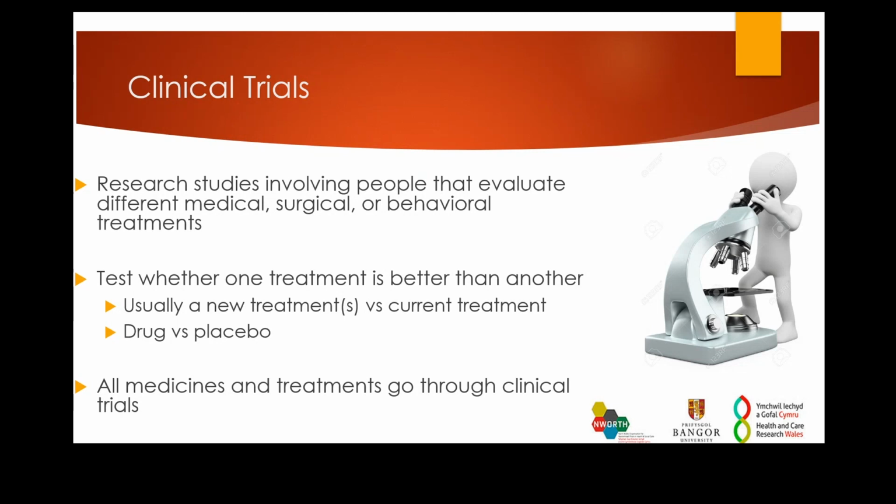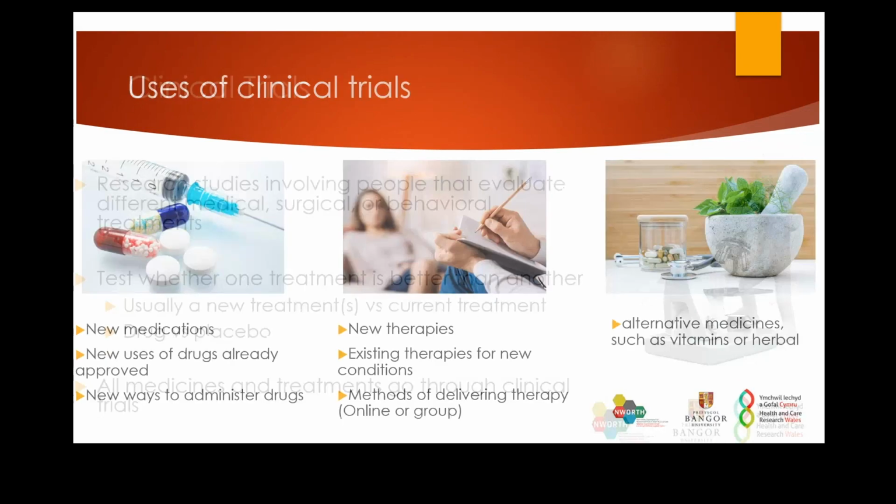This tends to be a new intervention or treatment method against the current method of treatment. Or in drug trials, it could be a new medicine or drug against a placebo. Any medical treatment used in the NHS and anything recommended by NICE guidelines will have gone through a clinical trial before it's implemented, to test its effectiveness.